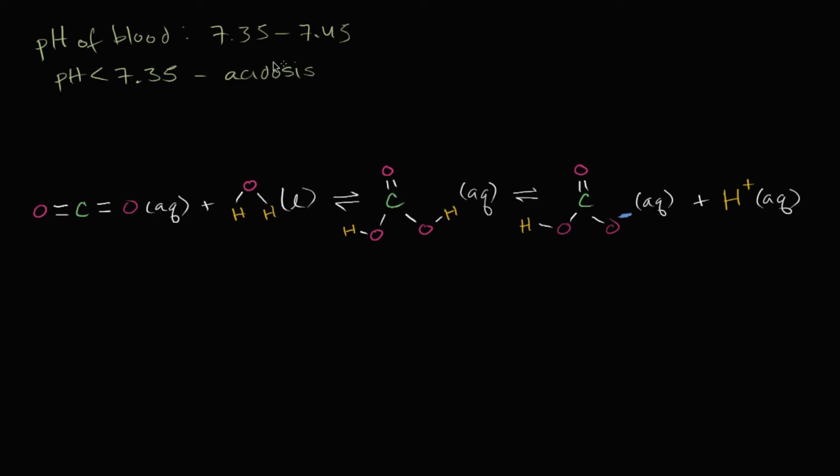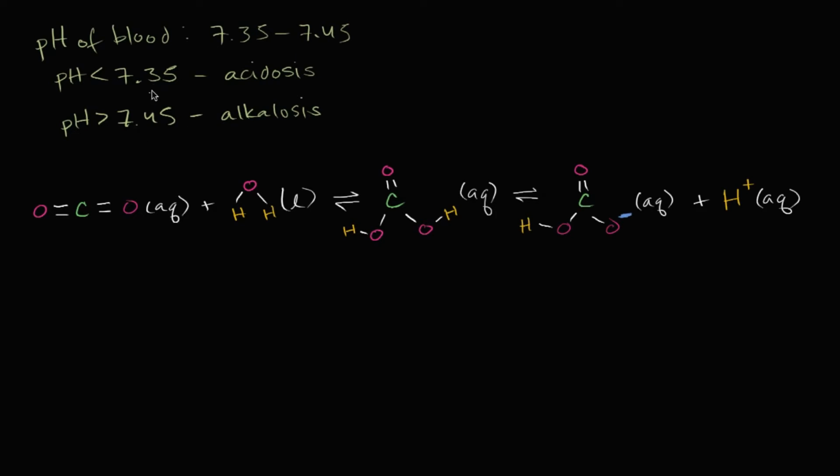Your blood is becoming too acidic. You have too high of a hydrogen ion concentration in your blood, or a hydronium concentration in your blood. If the pH in your blood gets above 7.45, you're diagnosed with alkalosis. Your blood is too alkaline. It's becoming too basic. The hydrogen ion concentration in your blood is getting too low.